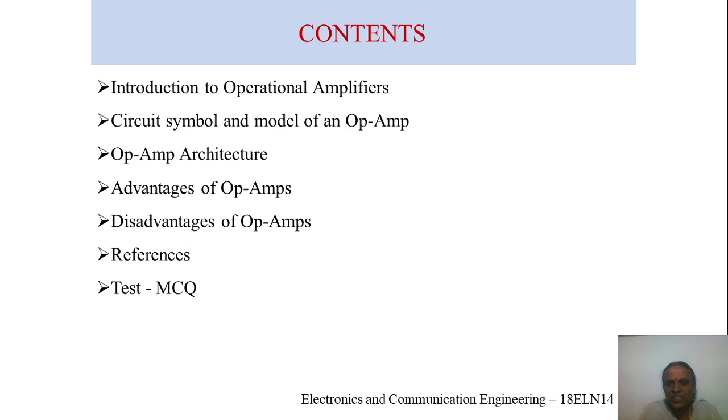Knowing the basics of the operational amplifier working and the internal structure, slowly we'll move on to the block diagram of an op-amp, or it is also called the op-amp architecture. After knowing the architecture, we'll discuss the advantages and disadvantages of op-amps.